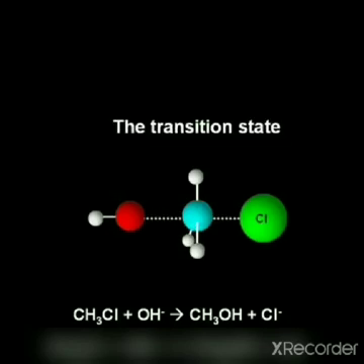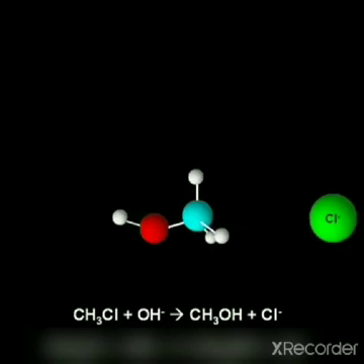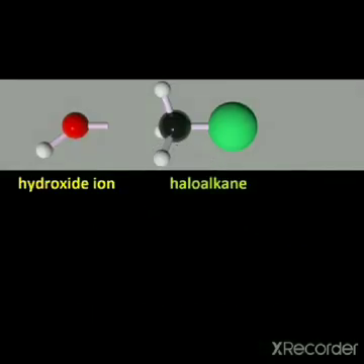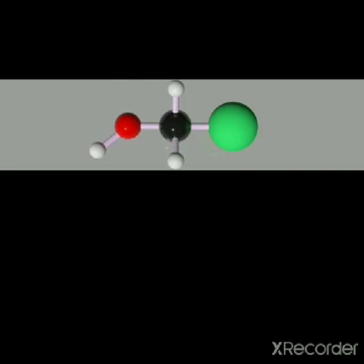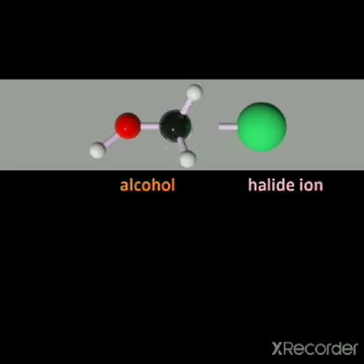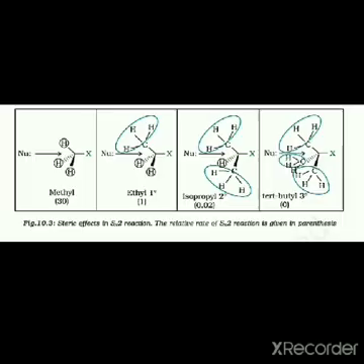Such structures are highly unstable and cannot be isolated. Here you can see backside attack of the nucleophile, formation of transition state and inversion of configuration. Backside attack of hydroxide ion on the haloalkane with the formation of alcohol and halide ion.